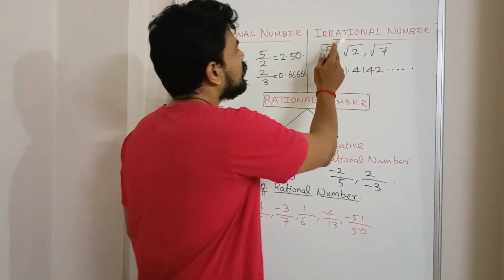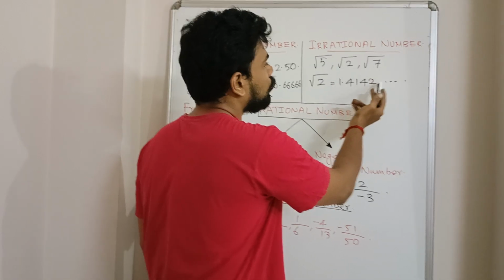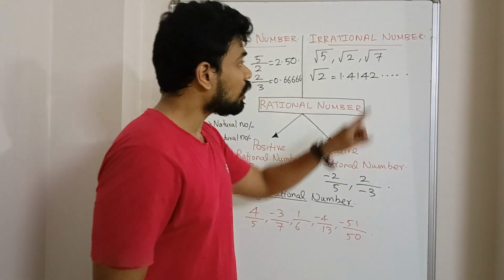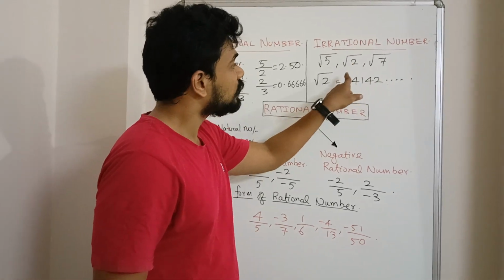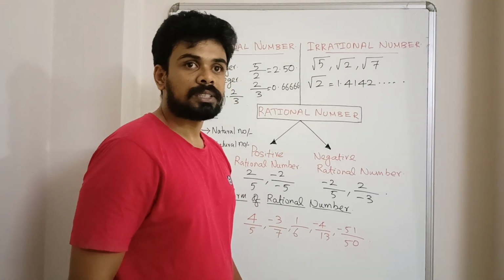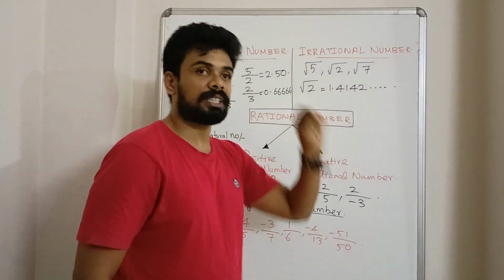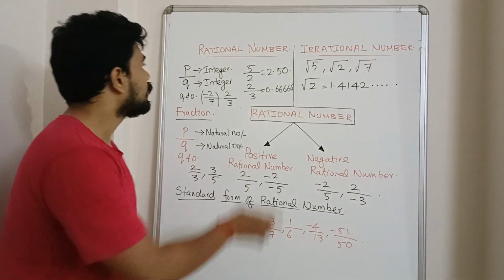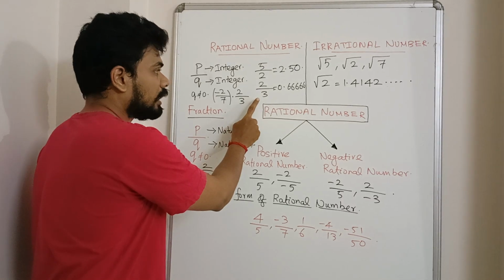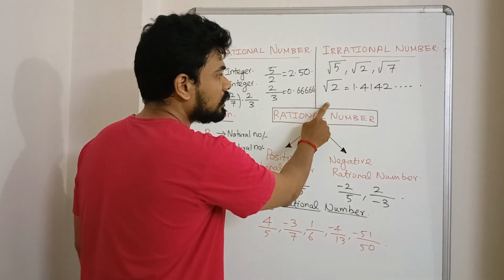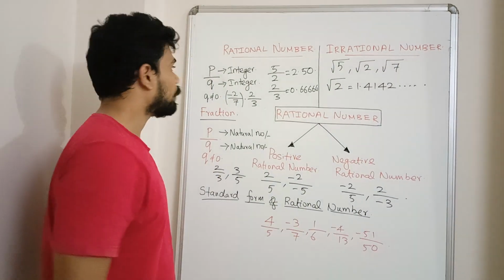Whereas for irrational numbers, consider the value of root 2, it is 1.41243, and likewise it goes on. It is not terminating, and it also does not recur, which means the same number is not repeating. So irrational numbers are non-recurring and non-terminating. So, see guys, rational numbers recur or terminate, irrational numbers are non-recurring and non-terminating.